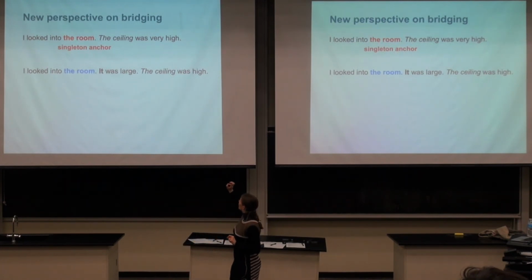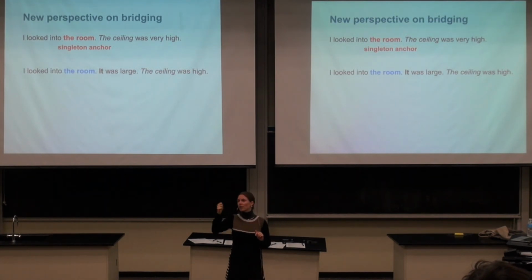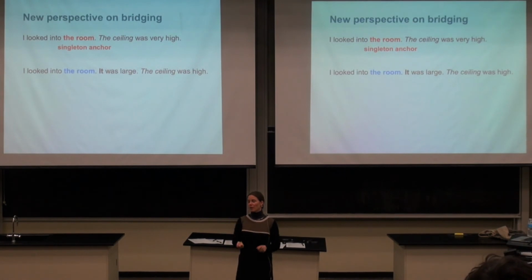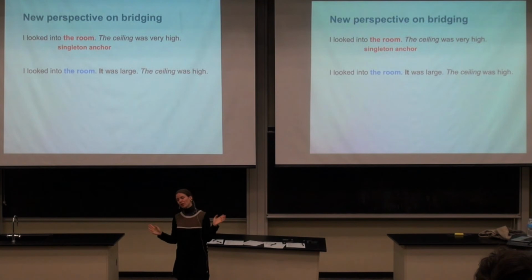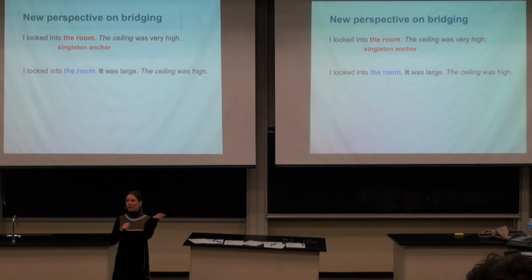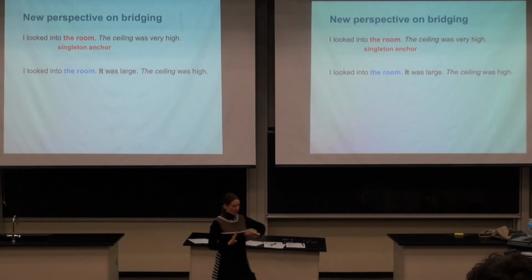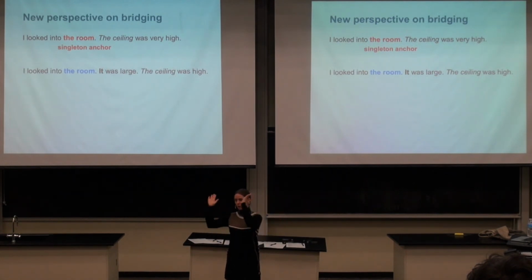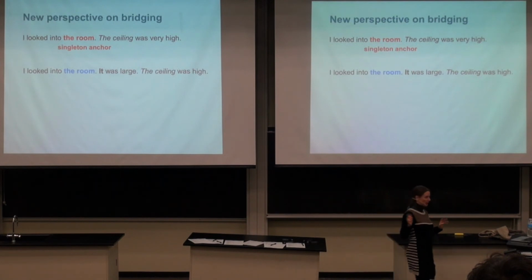What we want to identify here is whether we can predict a singleton anchor, something that anchors the bridge, not the second one. We are not getting labels for those. We are just getting those singleton anchors, and we are taking true singletons, which this one, the ceiling, would be.